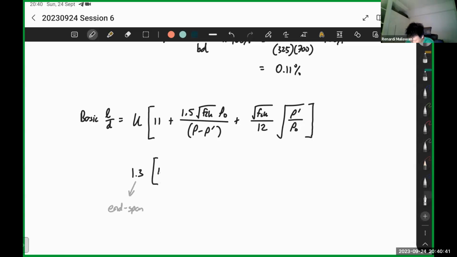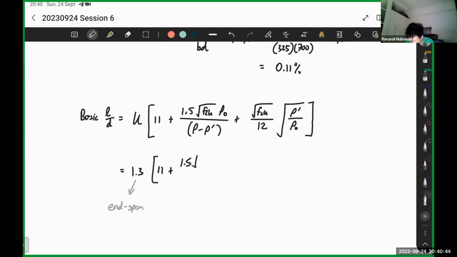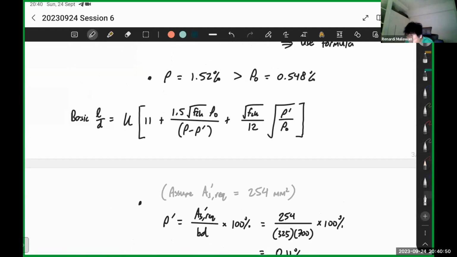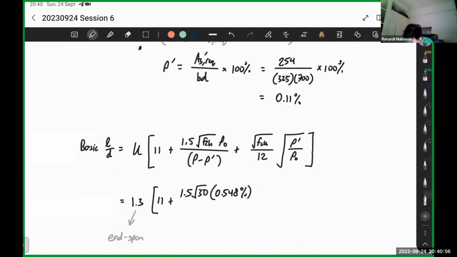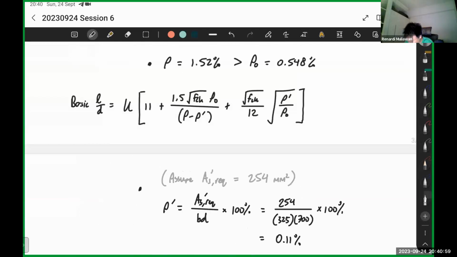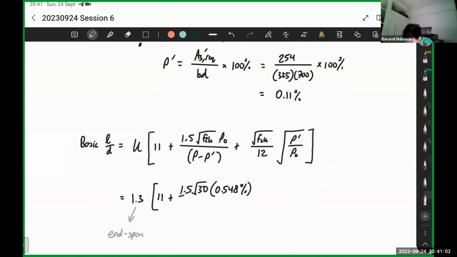Then we multiply it by 11 plus 1.5 square root of 30, since FCK is 30 just now, multiplied by rho 0, which is 0.548%, divided by 1.52% minus 0.11%, plus square root of FCK, which is 30, divided by 12 square root of rho prime, which is 0.11%, divided by rho 0, which is 0.548%.